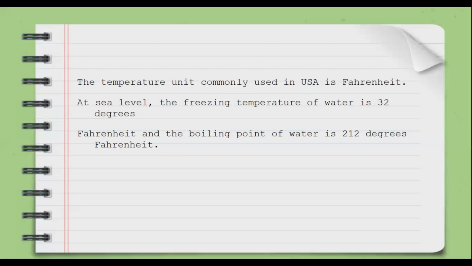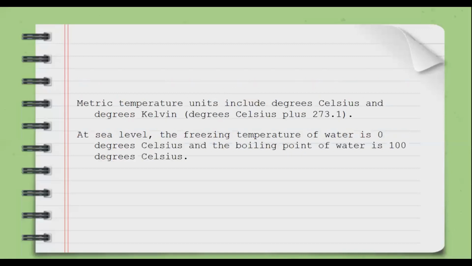And the boiling point of water is 212 degrees Fahrenheit. Unlike the metric temperature units in degrees Celsius, which is 0 as the freezing temperature of water and 100 degrees Celsius as the boiling point of water.